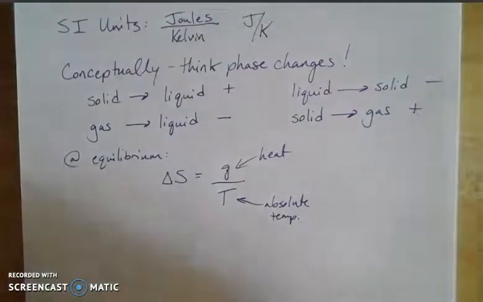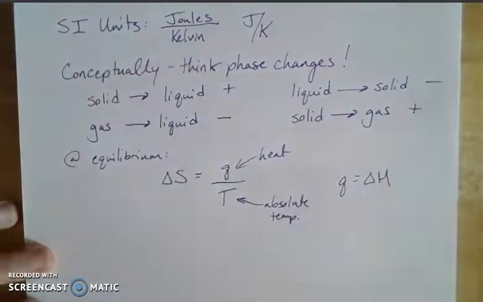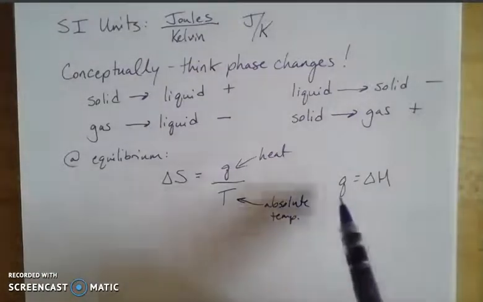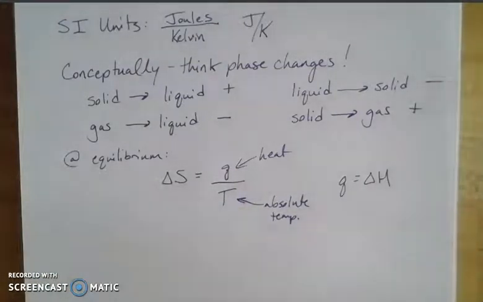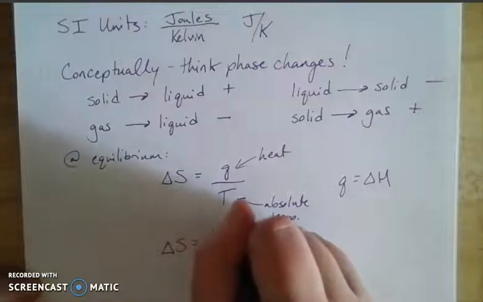And we know that the heat of a chemical reaction is equal to the change in enthalpy, right? So we've talked about this before in thermodynamics, that heat is related to enthalpy, or at least the change in enthalpy. So we could also think about our delta S as delta H over T.